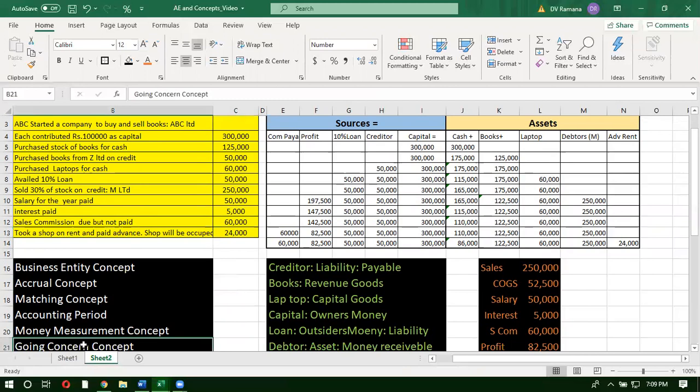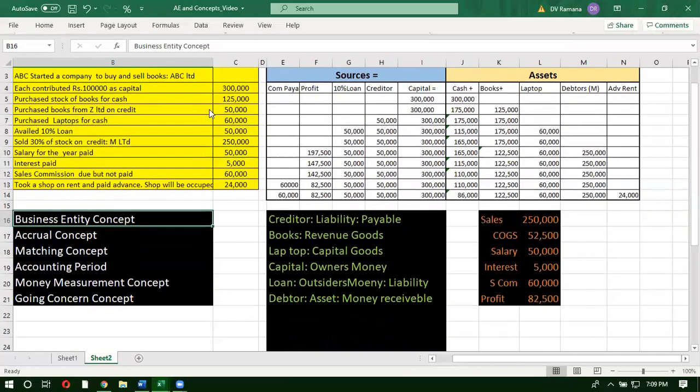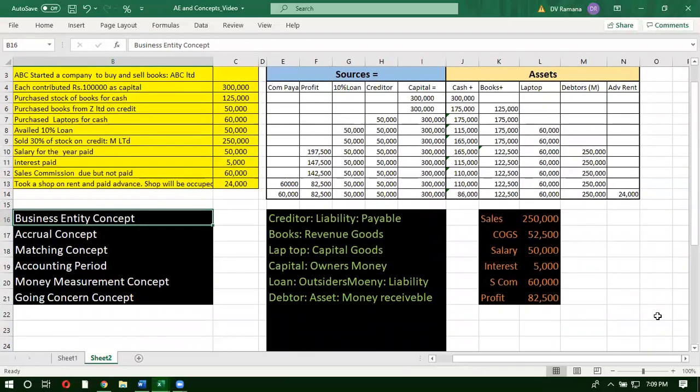So going concern concept, money measurement concept, accounting period concept, matching concept, accrual concept, and the business entity concept are the important or fundamental principles around which accounting is based.